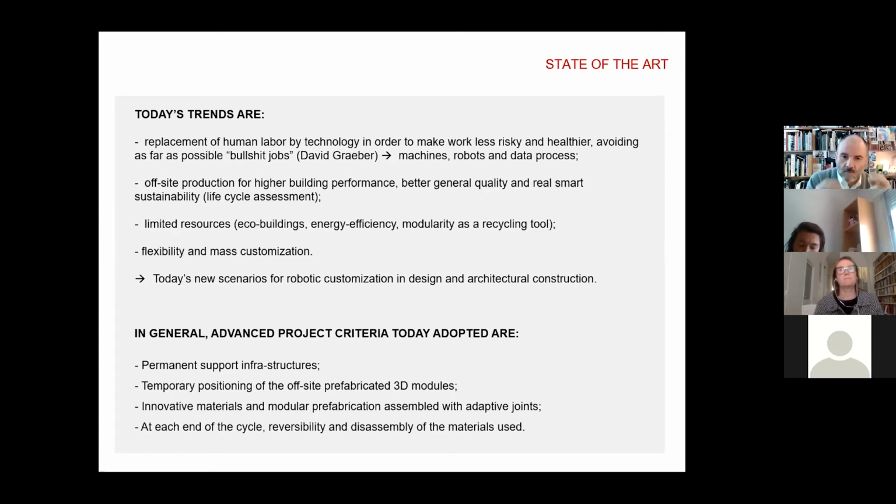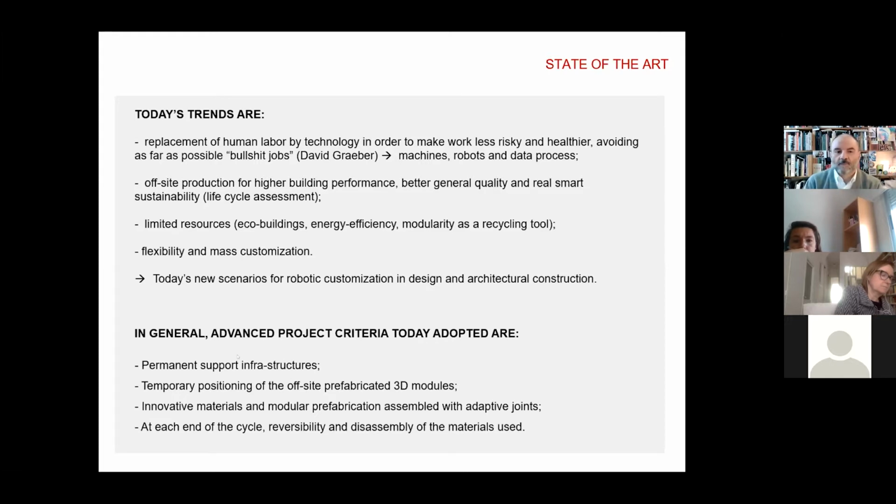So what does sustainability really mean? What does eco-building really mean? What does energy efficiency, modularity, recycling tools, and so on really mean? And so this is the time that is opening the new scenario for robotic customization and robotic construction. And this is still a totally open question. We are discussing and studying this topic, but at the moment, there are no exact, precise and defined solutions.